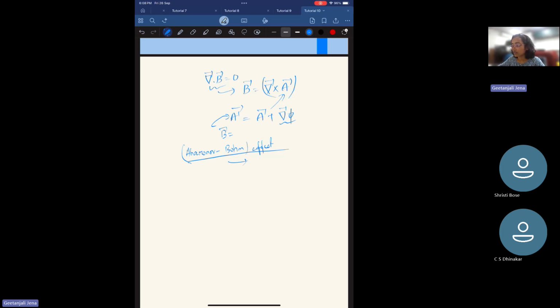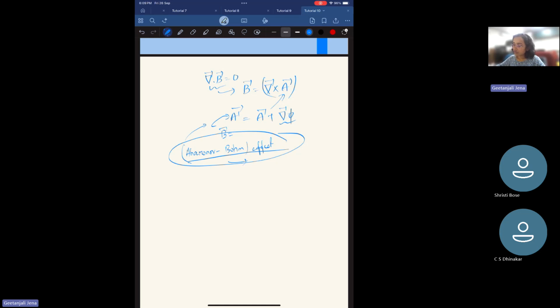This is the famous Aharonov-Bohm effect, and it indicates that the vector potential has physical significance. It's not just a mathematical formulation to calculate the magnetic field.